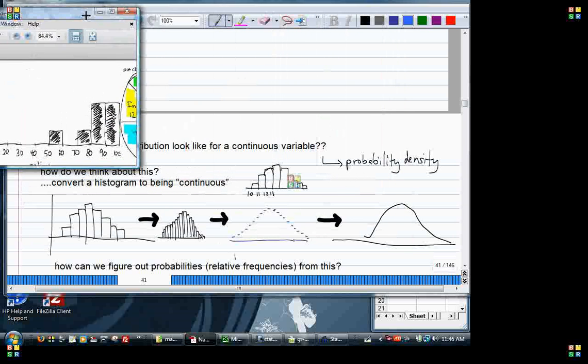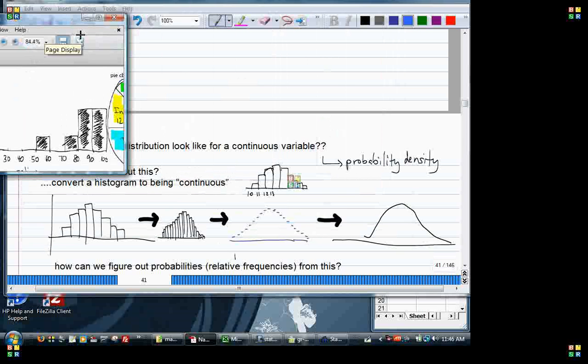is that we can also figure that out just from this information. How? How can we use that picture to figure out that the probability of getting a rating from 90 to 100 is 3/8?